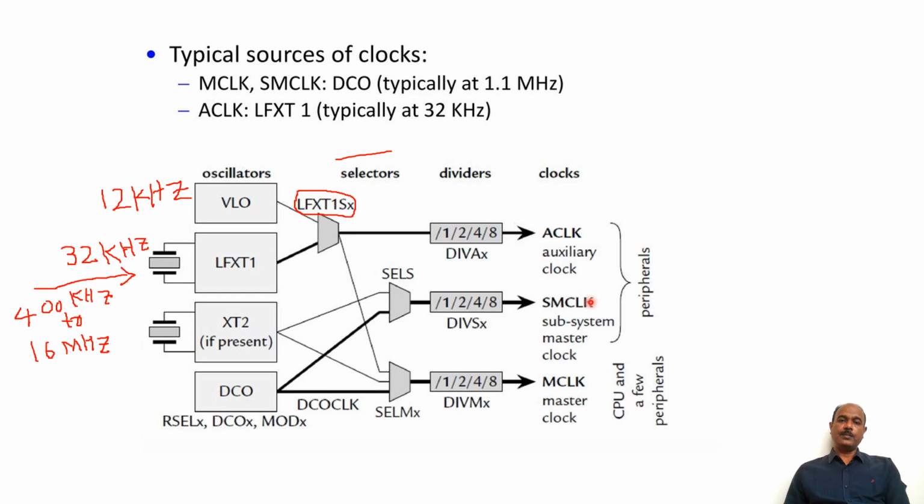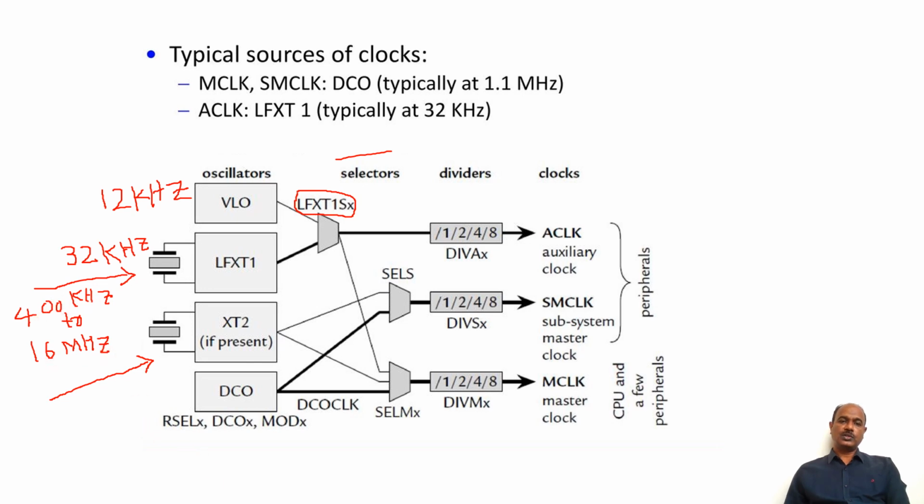Then this SMCLK, submaster clock, can be generated using either a high frequency crystal oscillator or a digitally controlled oscillator. For this high frequency oscillator, XT2, either you can connect a high frequency crystal here, or you can directly give an external clock source in the range of 400 kilohertz to 16 megahertz.